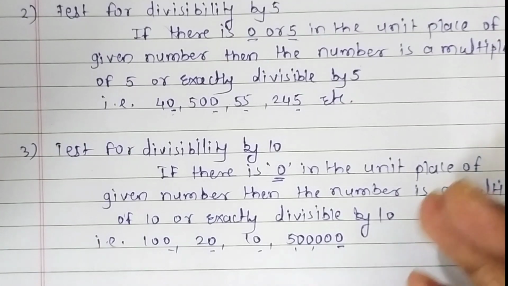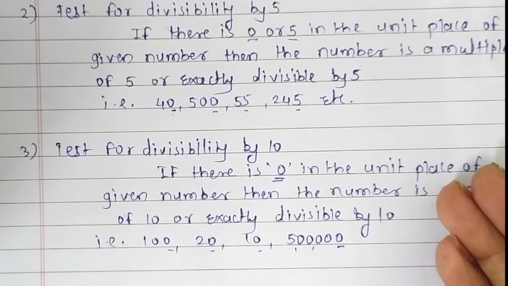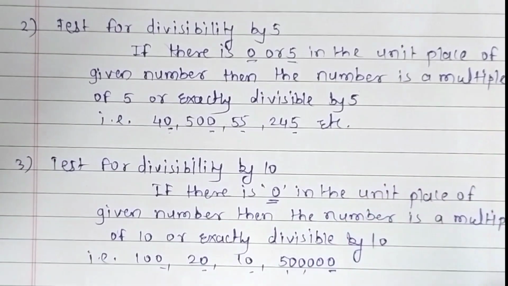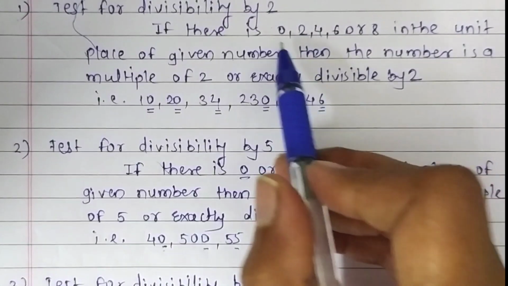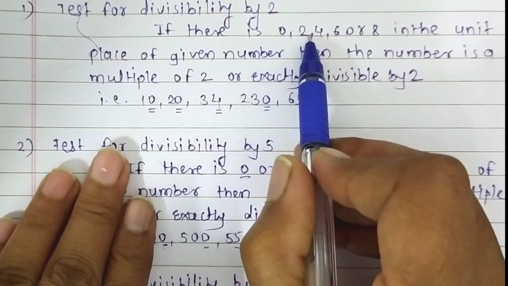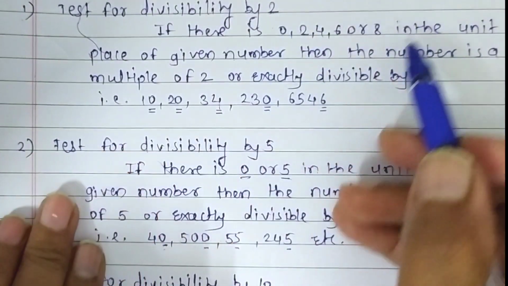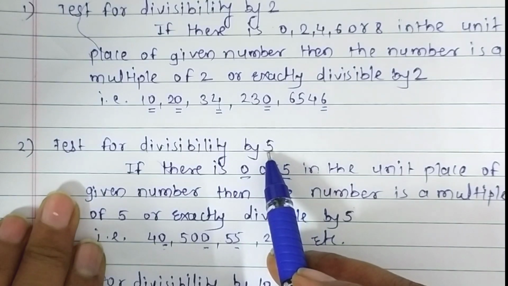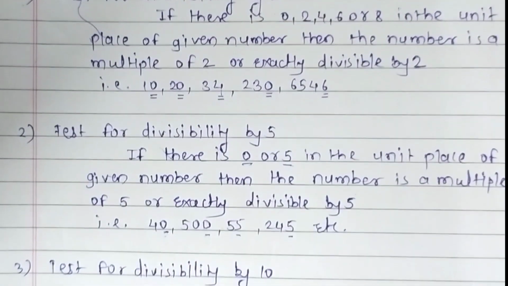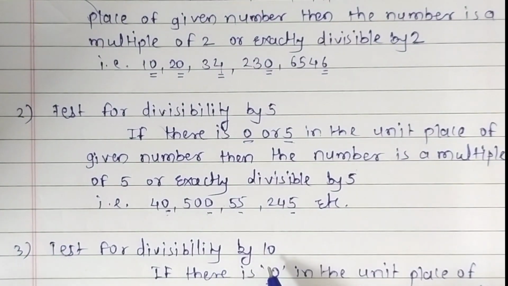I give you here in a simple way the only difference between the tests: the digits are 0, 2, 4, 6 or 8 for divisibility test of 2, 0 or 5 for divisibility test of 5, and only 0 for divisibility test of 10.